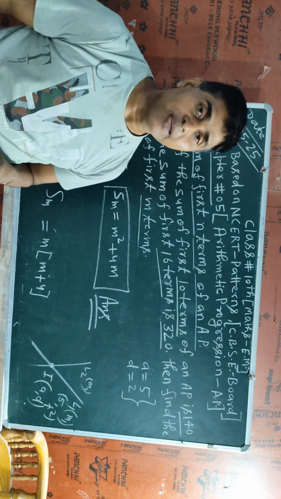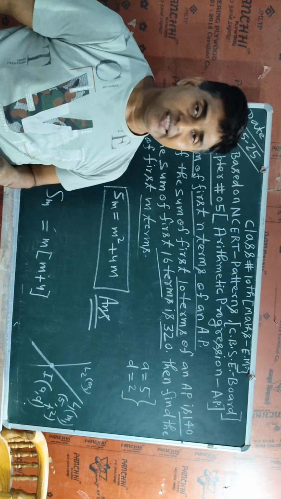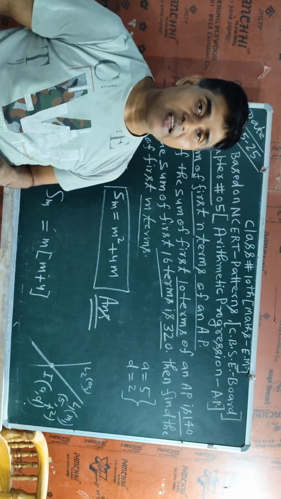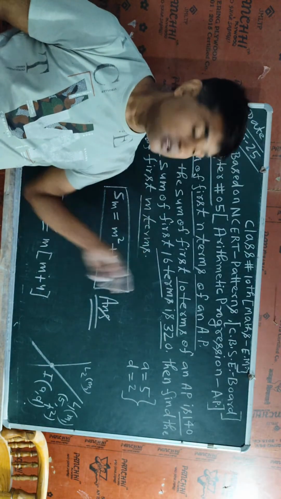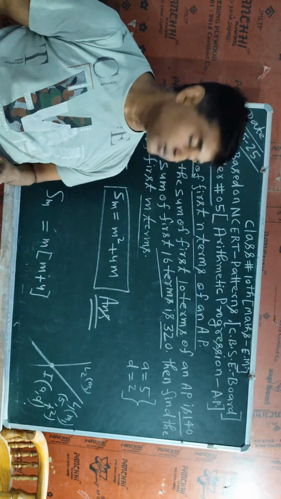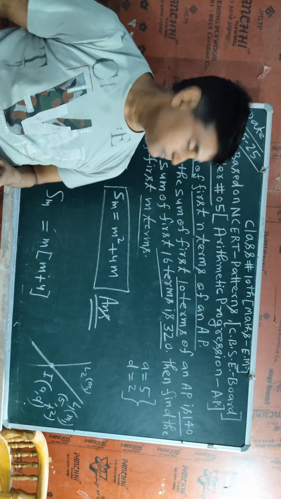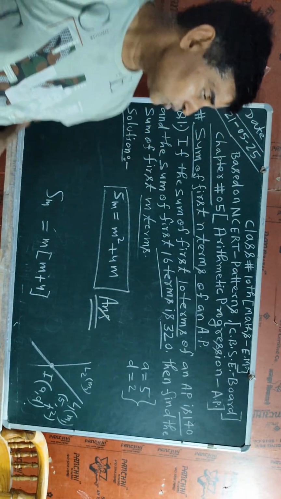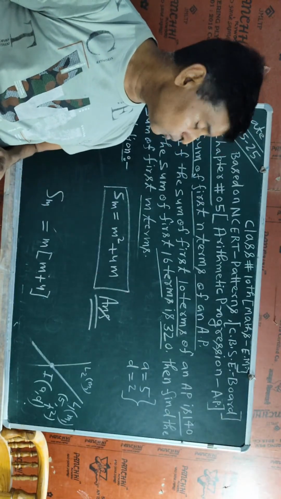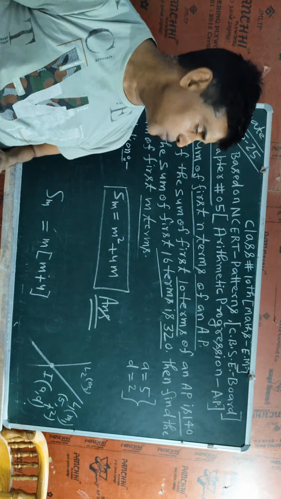After converting, I got two linear equations in two variables, a and d. Then I read the second statement and prepared its equation. So I said that both equations exist as a pair of linear equations in two variables.